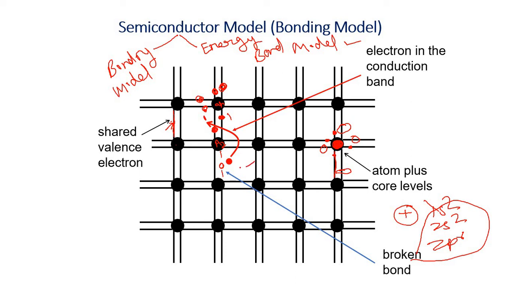So suppose this electron comes to this place, then there is a vacancy here, and another electron comes to this place and the vacancy moves. So if a bond is broken, electrons are moving like this, and the hole is moving in the opposite direction.